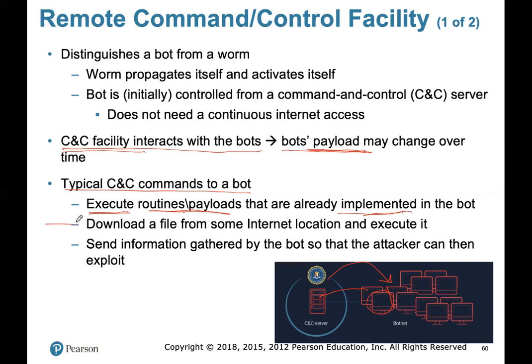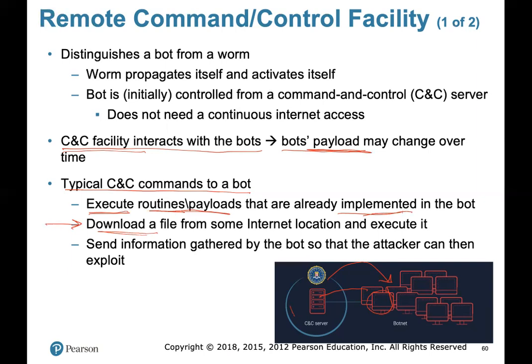Another type of command might be this: download some file. The CNC server may ask the bots of the botnet to go and download some file from some location, which might be some type of update for the bot. So the bot is getting updates, so its payload might be updated as well.